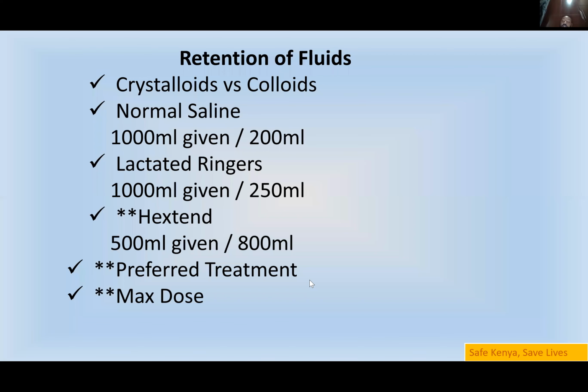We give it in 500 milliliter boluses. It used to be that 1,000 was the maximum dose, but now we can give more if needed so that we can get that blood pressure and heart rate back up to where it's supposed to be.